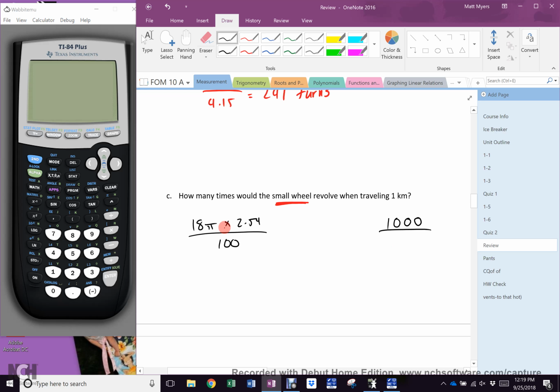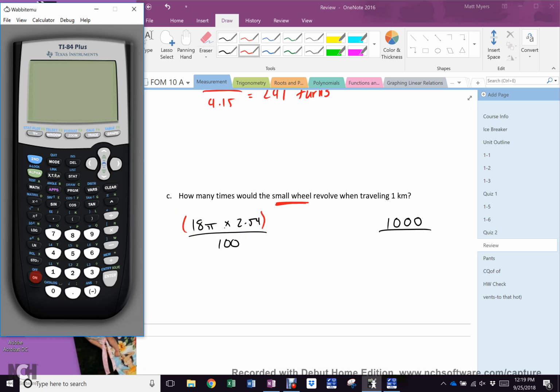This answer. Now I'm going to give you guys a gift on your calculator that I've given you before. How do I punch this in when I have a divided by and there's an operation up top? What do I need to remember to use? Brackets. Bracket, bracket. So, observe. Turn on.